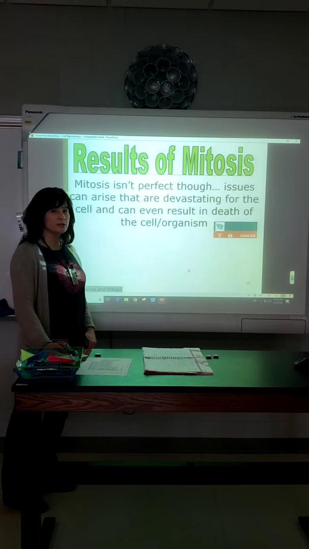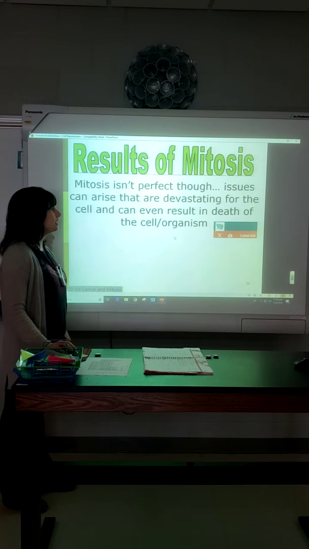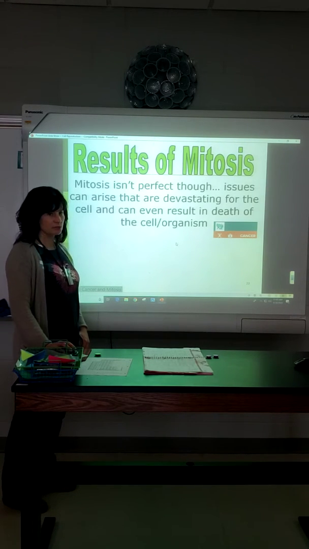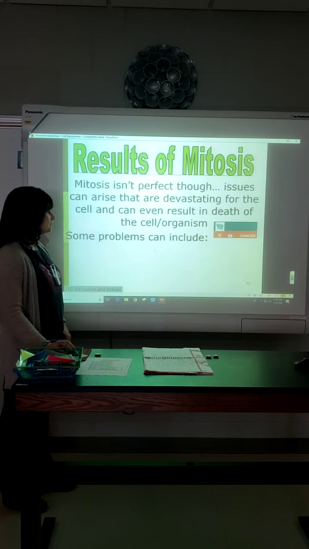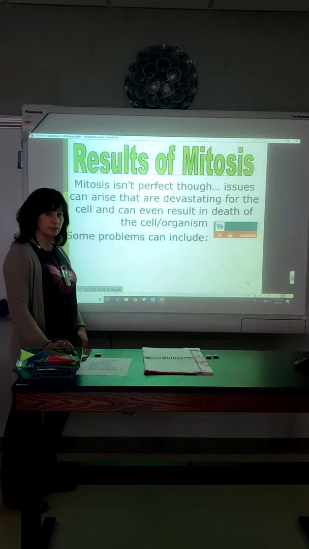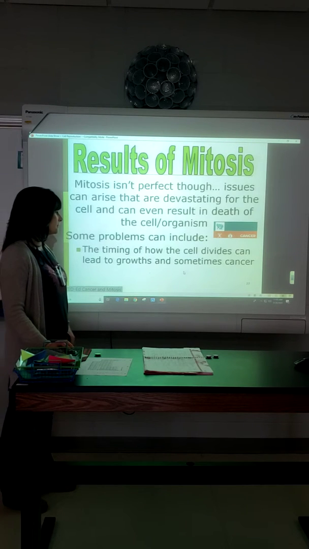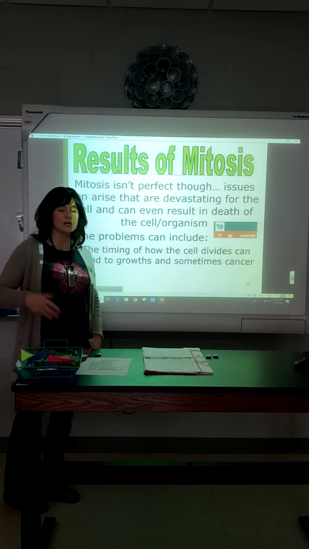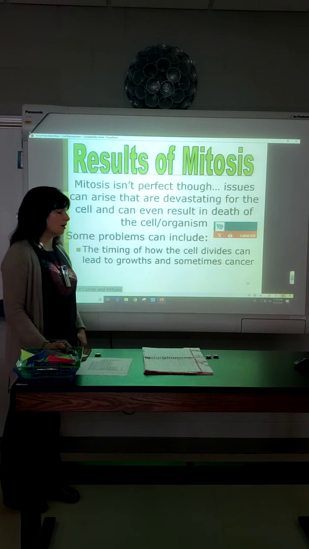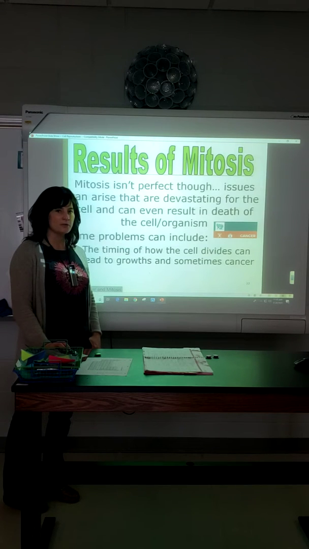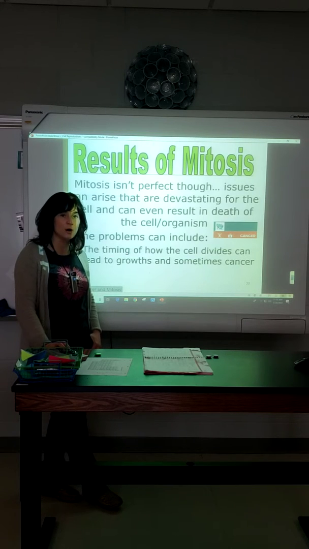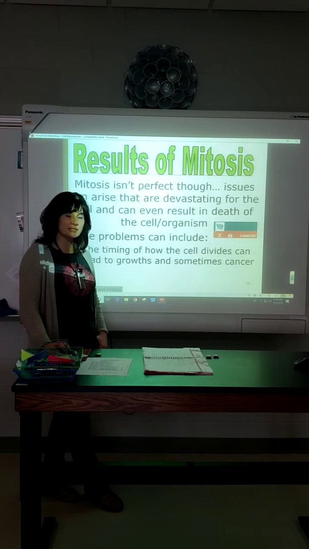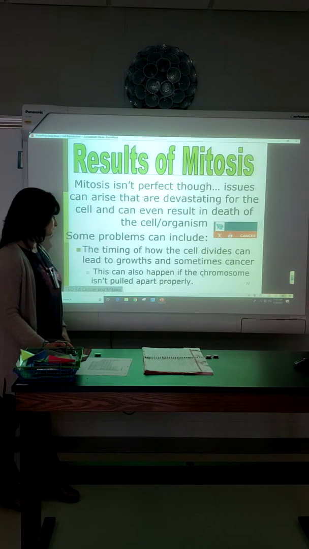Sometimes there's issues though. Mitosis isn't a perfect process. And when issues happen, you can get some devastating results. One of the major ones is cancer, okay? It's the timing of how the cells divide can lead sometimes to some miscommunication, some errors. And so if you think about how all these cells have to divide and what they're doing every time they have to replace themselves or make new ones, it's amazing that there aren't more mistakes that happen because there's so much involved at one time.